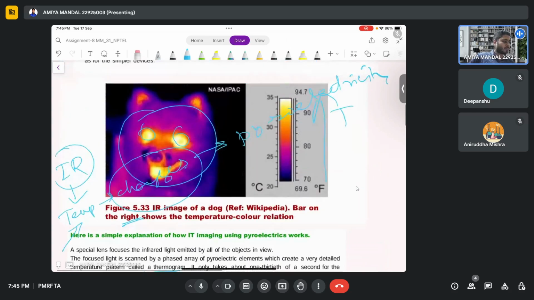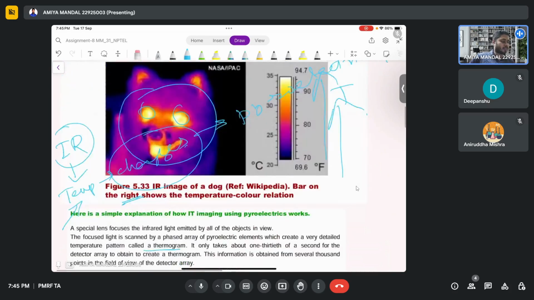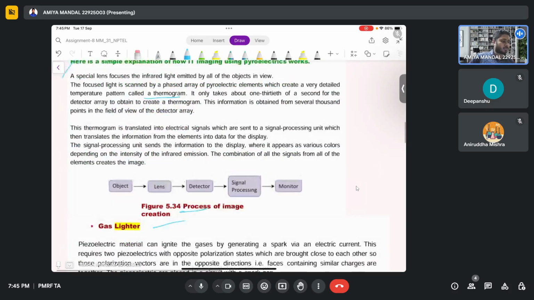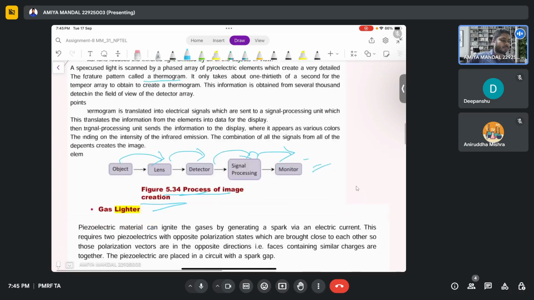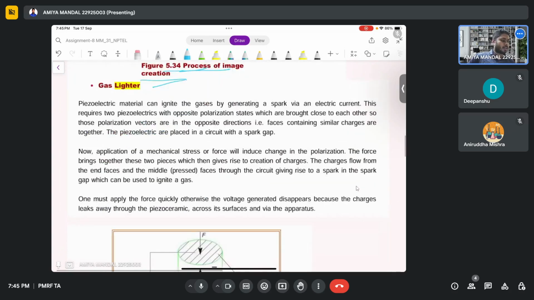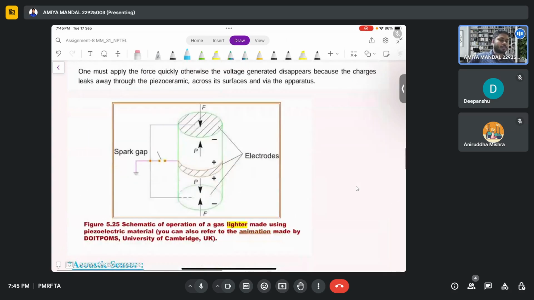It shows how temperature increases and how it can be found. This is the formation process: object to lens and detector, signal processing, and it goes to the monitor. Then we can see the images formed.